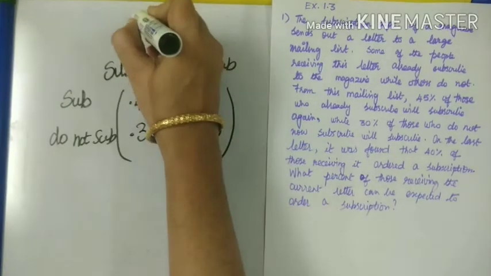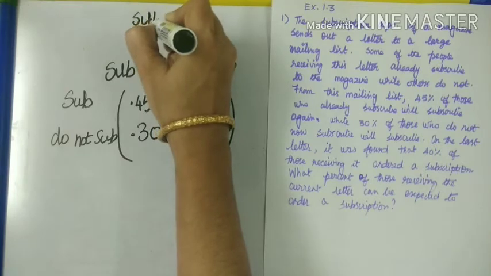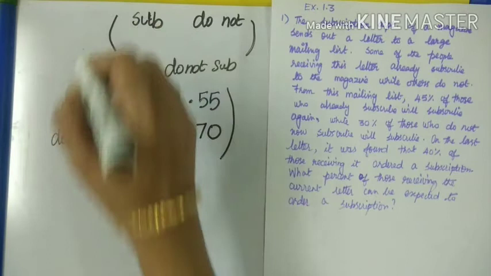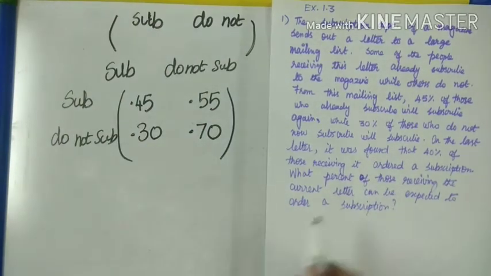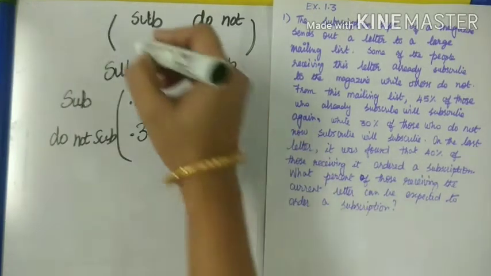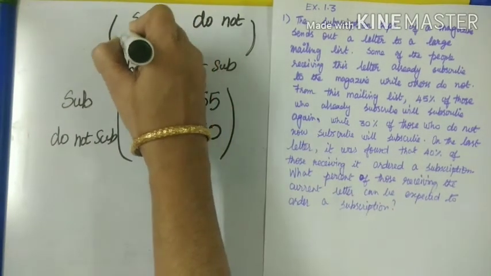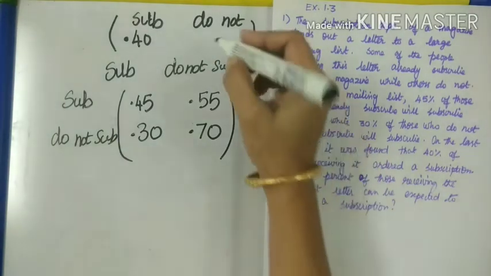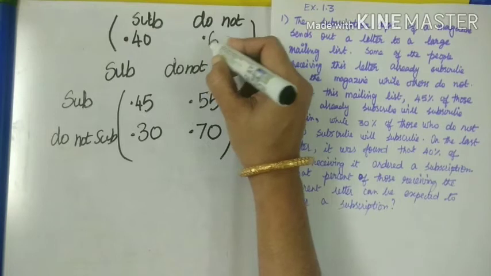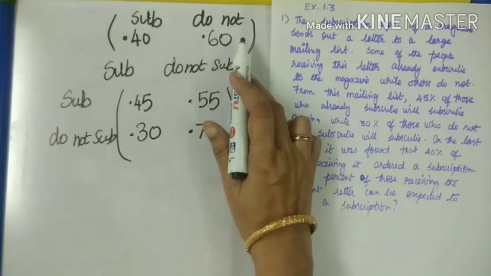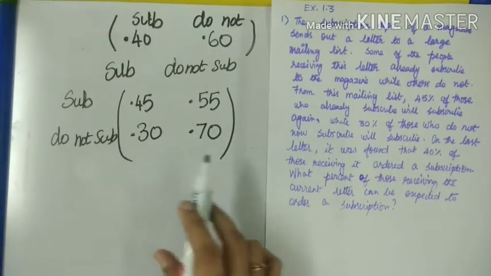So subscribe 0.40, and how many do not subscribe? 1 minus 0.40, that is 0.60. So I have got what happened for the last letter, and I have got the transition matrix.